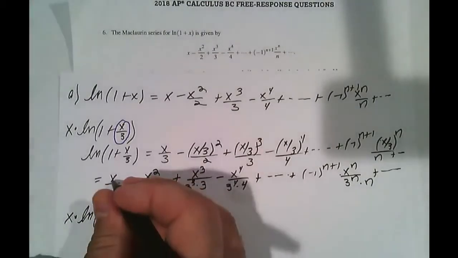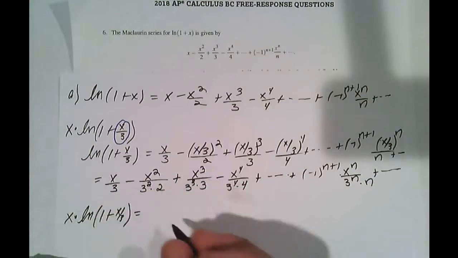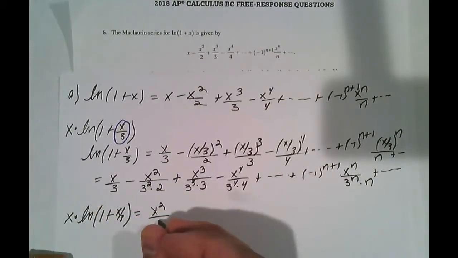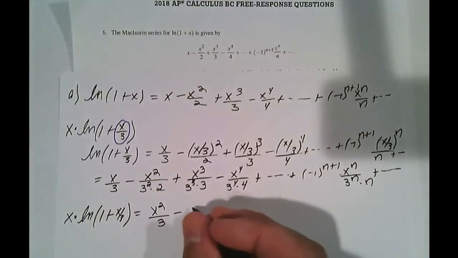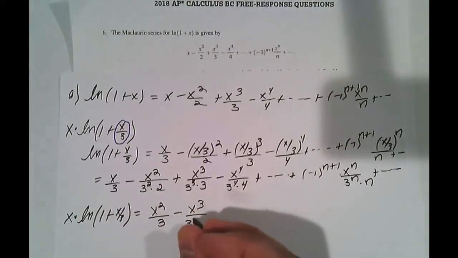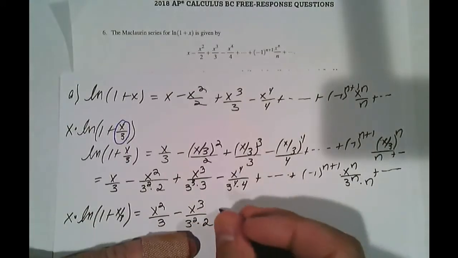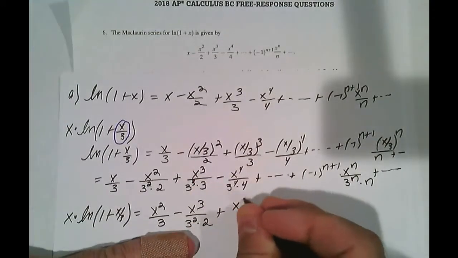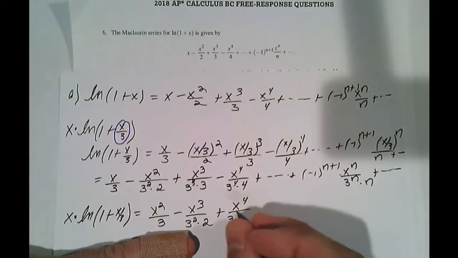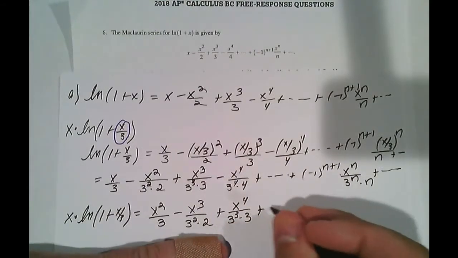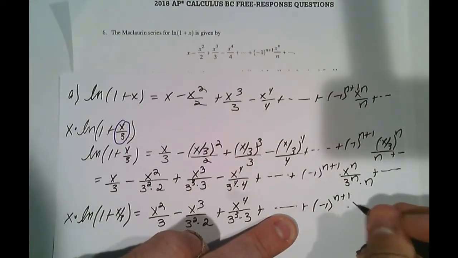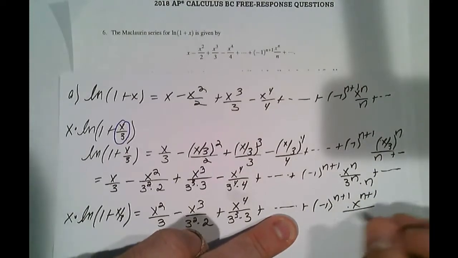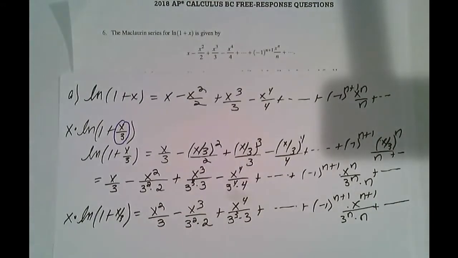Well, what happens is every one of these fractions gets multiplied by x, and the power increases by 1. x squared over 3, minus x times x squared over 3 squared times 2, that's x cubed over 3 squared times 2, plus x times x to the third, that's x to the fourth over 3 cubed times 3, plus, keep on going, negative 1 to the n plus 1, x to the n plus 1 over 3 to the n times n, and so on.